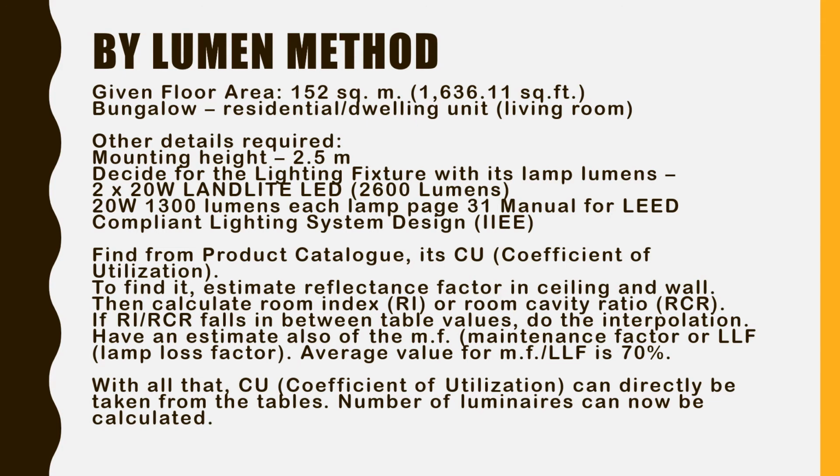With all that, coefficient of utilization can directly be taken from the tables. Number of luminaires can now be calculated. So if you have the coefficient of utilization and all other values, we can now calculate the number of luminaires.